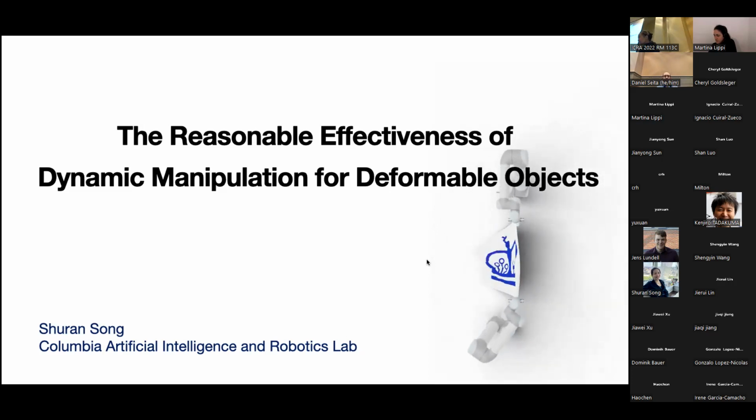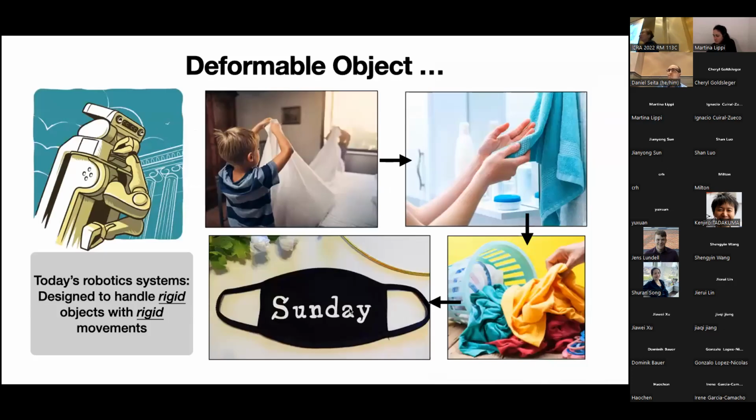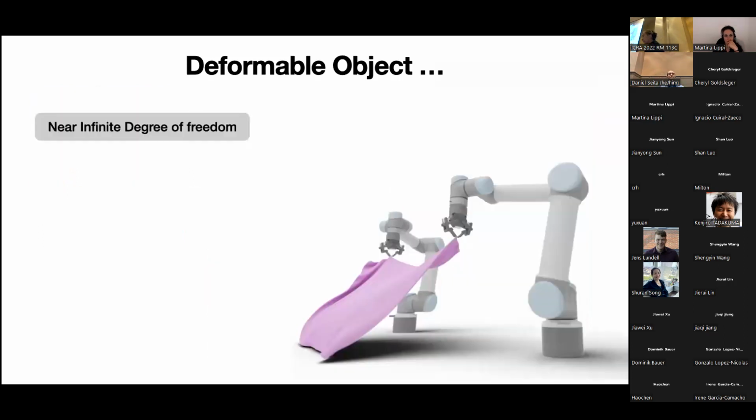Okay, so at this point of this workshop, I probably don't need to repeat the importance of manipulating deformable objects and why it is such a hard problem. But I do want to highlight one of the most fundamental properties of deformable objects that directly motivates our approach of using dynamic actions.